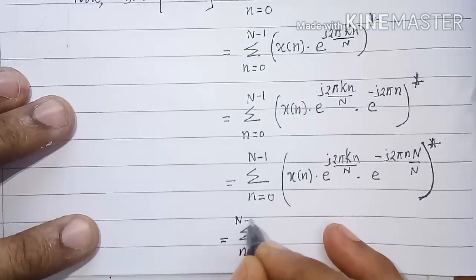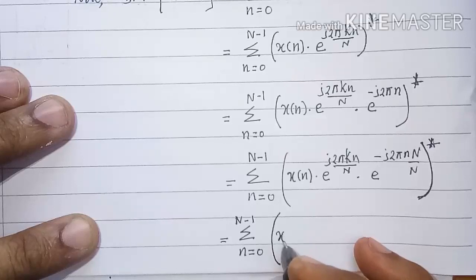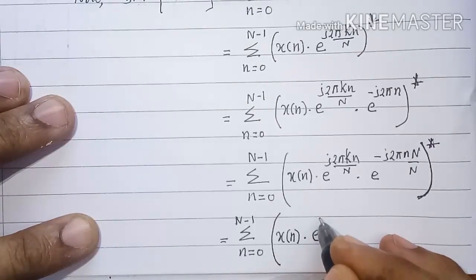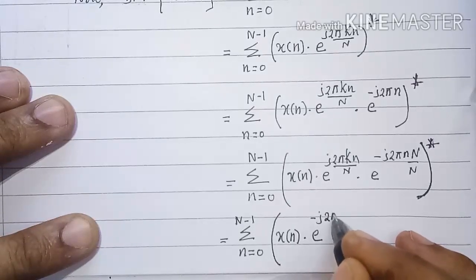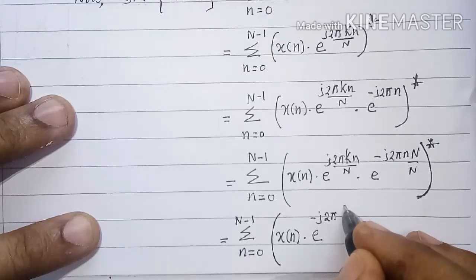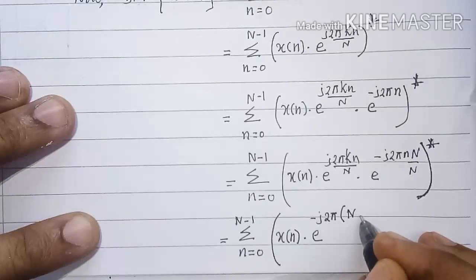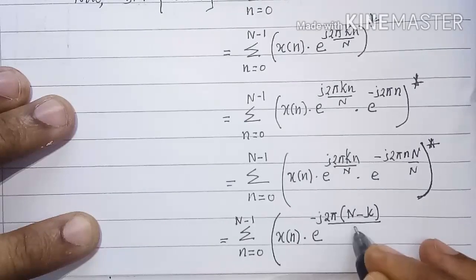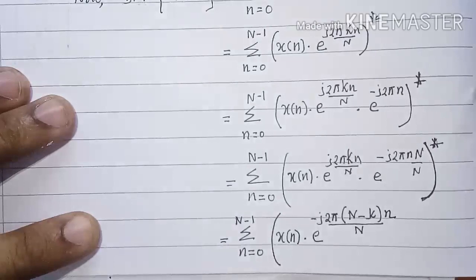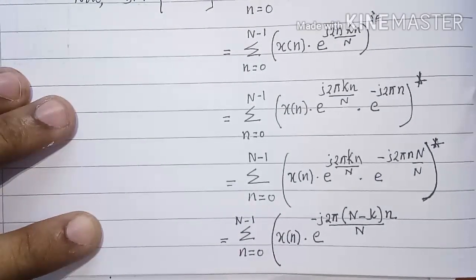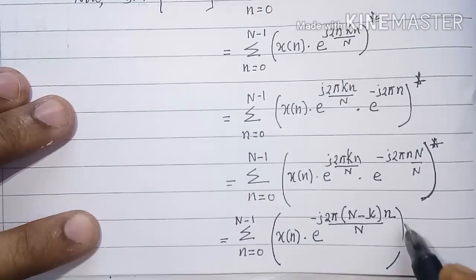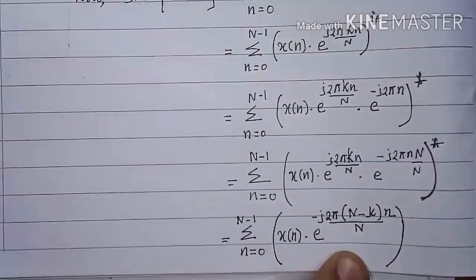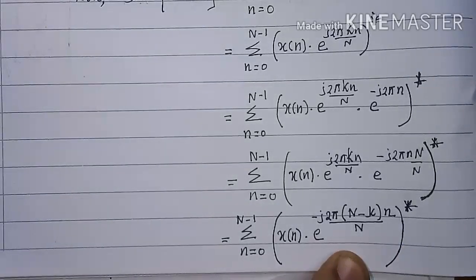Summation n equal to 0 to capital N minus 1 of x of n into e raised to minus j2 pi into the bracket n minus k upon N into n, complex conjugate as it is.